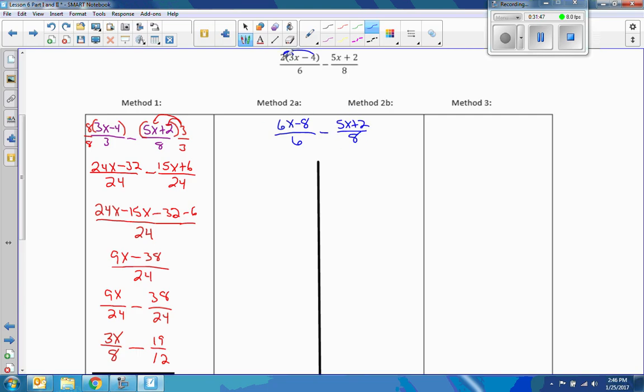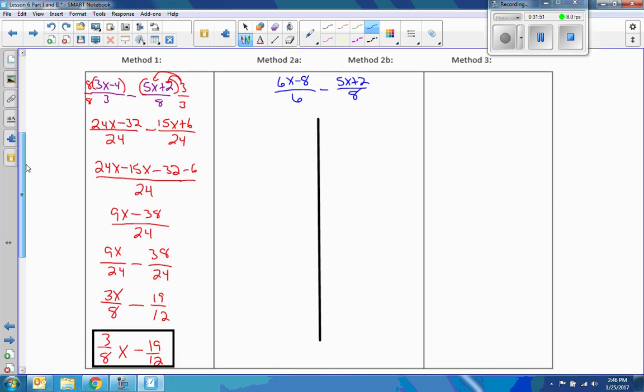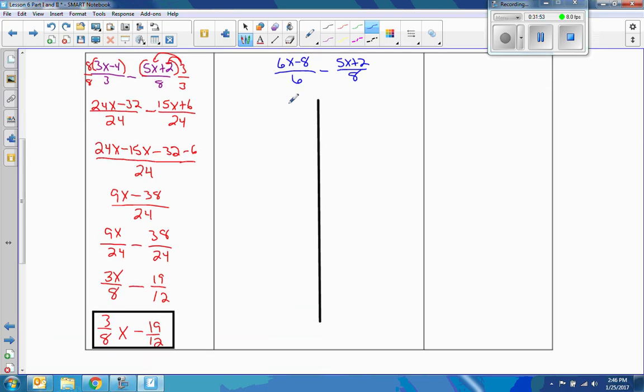Okay, so there's two methods to do this after we get rid of the distribution problem. Okay, so now we're just focusing on this problem here in blue, and I'll do one side over here, and then a different way over here. Okay, so the first thing I want to do is multiply the first one by 4, and multiply the second one by 3.